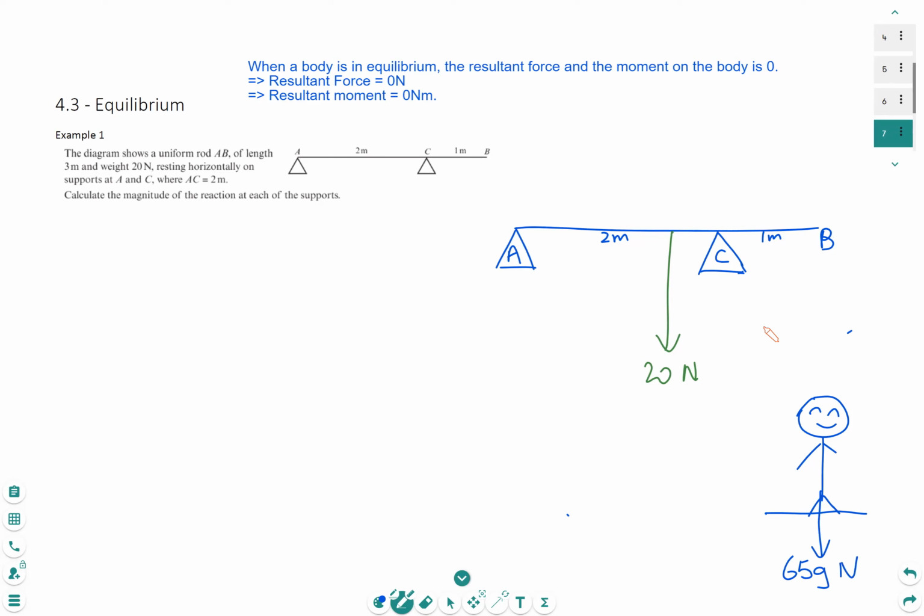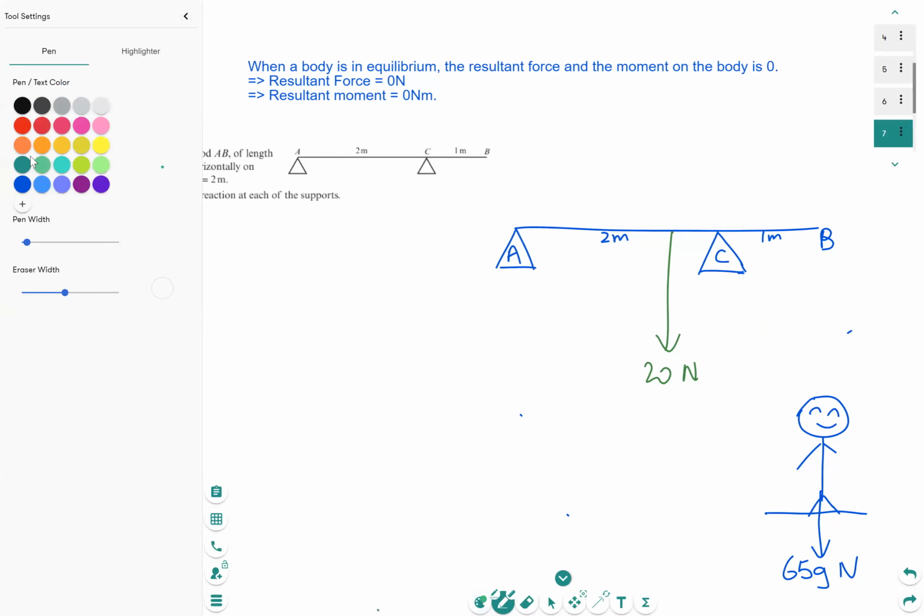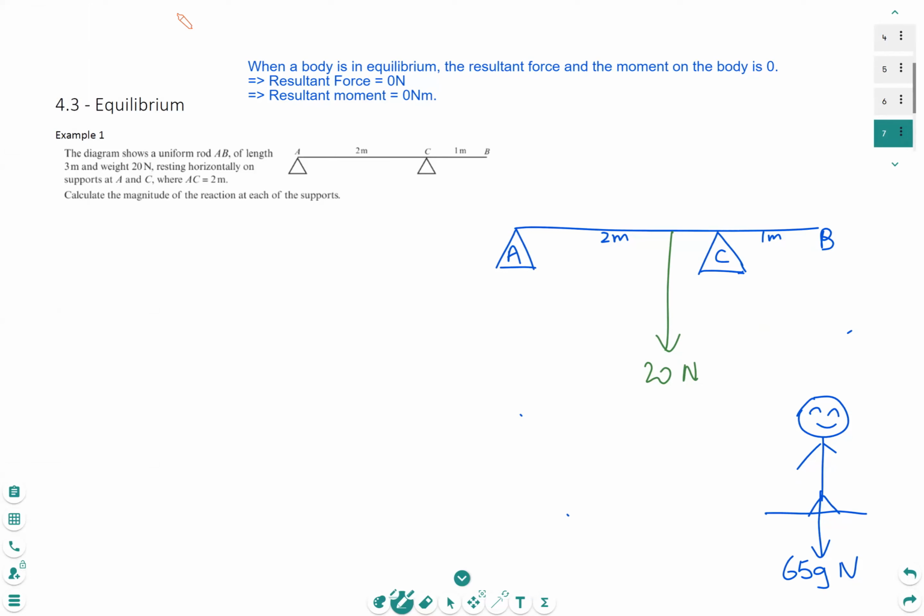Now, in return, the fact that I'm standing on the ground and not moving, not sinking, is because the ground is returning the same support force to my body. So the ground is returning 65g of reaction to me. This is the reaction force.